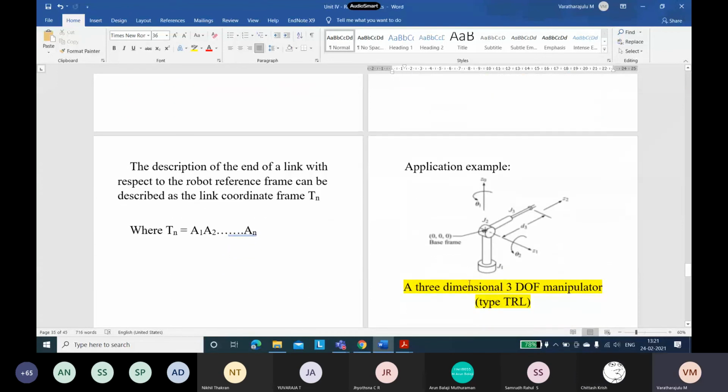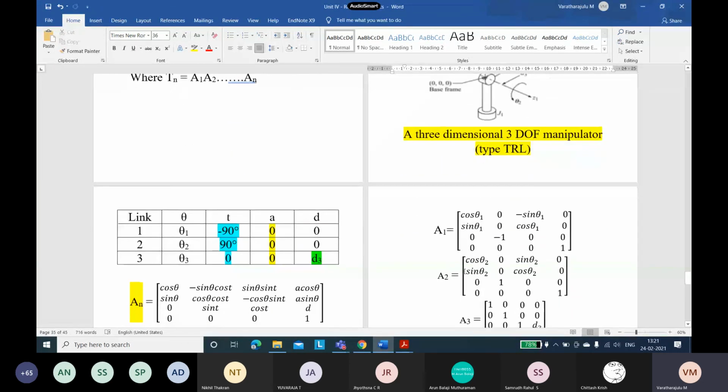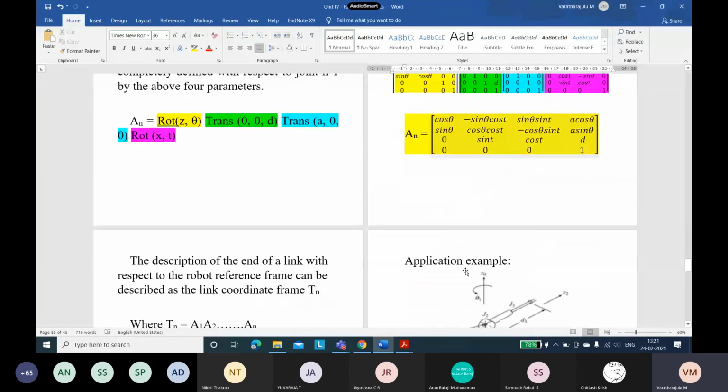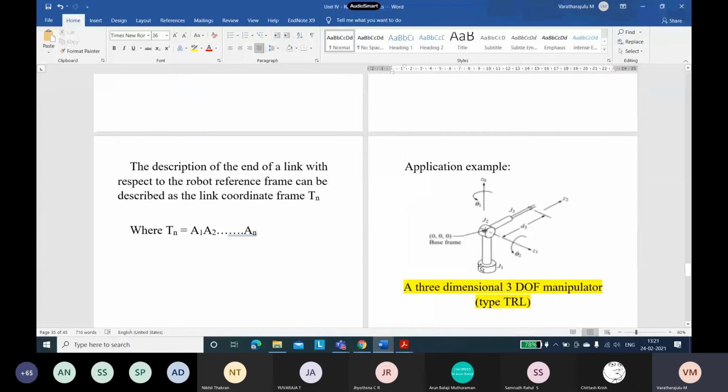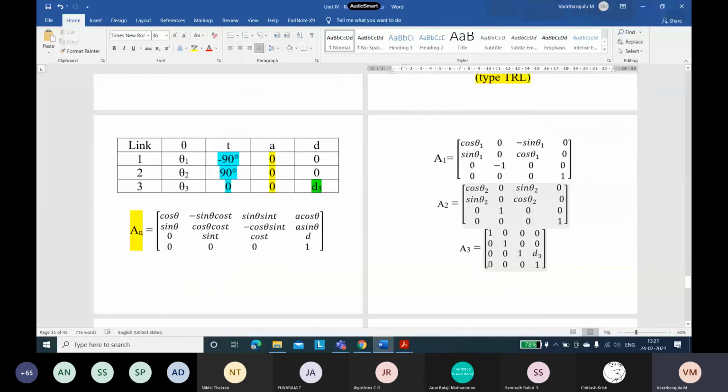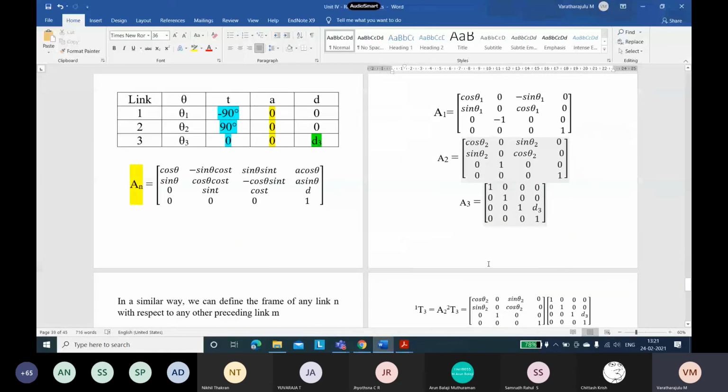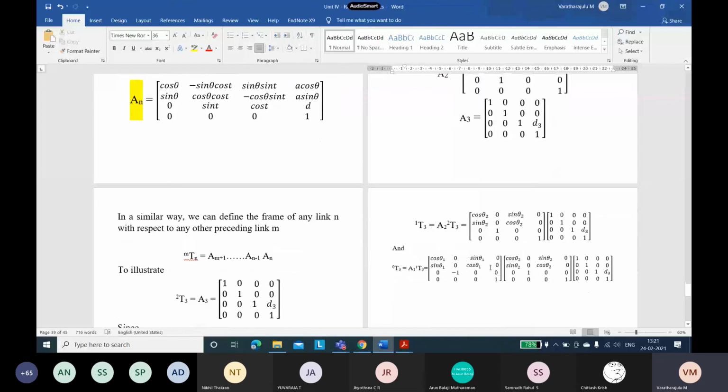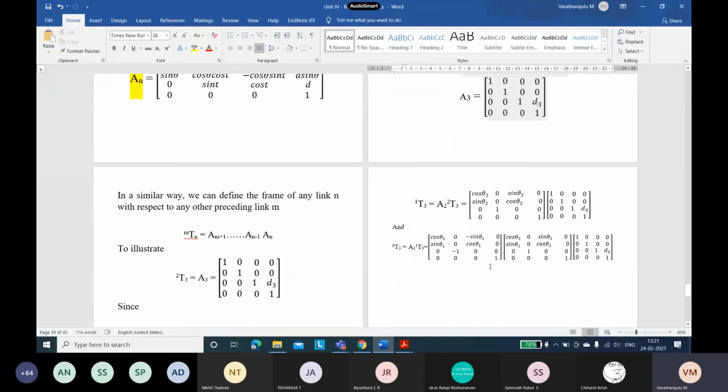Okay, this is what we are going to talk about in the next class, that is an application example, and how we can use this An for finding the newer convention. This is what we are going to see in the subsequent class.